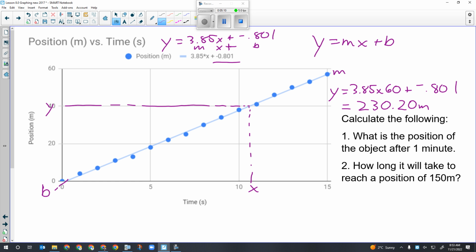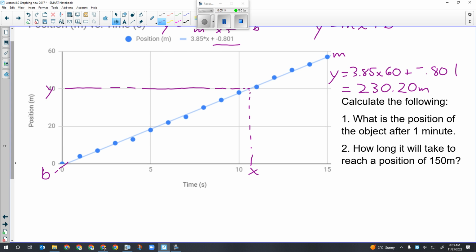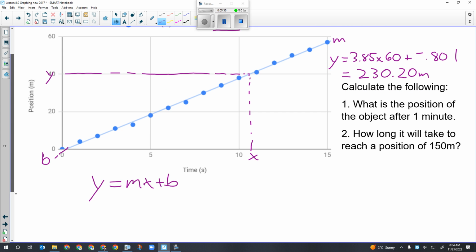Question number 2 wants to know how long it's going to take. How long is usually time, so what am I going to be looking for? X, because time is on the x-axis. So we're looking for x, and we know the position, or y, is 150. First thing I've got to do is manipulate this equation to solve for x. So y equals m times x plus b.